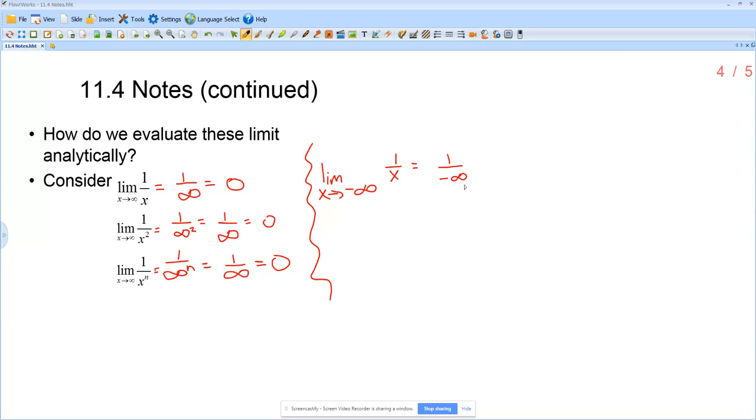But if we just talk about the denominator and the infinity, that's getting larger and larger, so the value of this fraction is getting smaller and smaller. So this is still 0, but we put a little minus up here. What this is saying is 0 from the bottom.